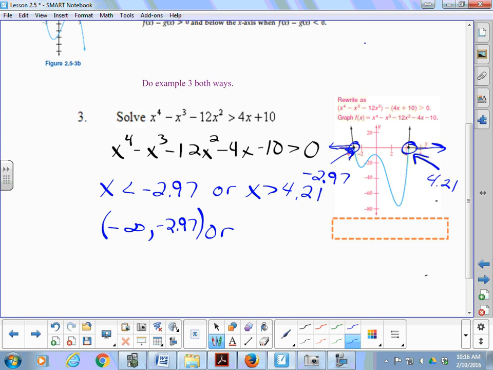Parentheses for both parts. For the one on the right, what's the smallest number? 4.21, and the largest number is positive infinity, and we're using parentheses for both. All right.